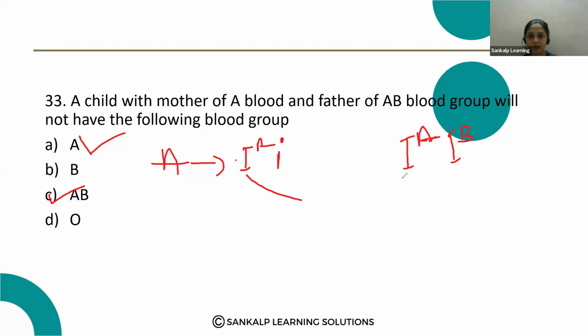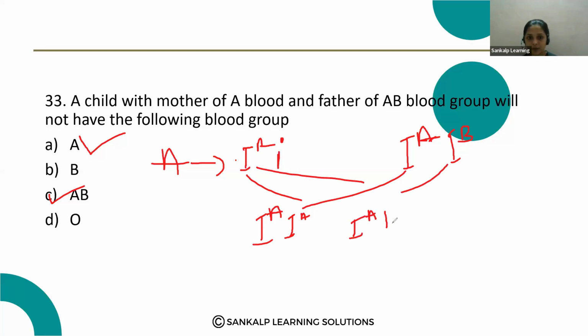When crossed, we get IA IA, then IA IB, IA IB is possible, then IA i, and IB i.